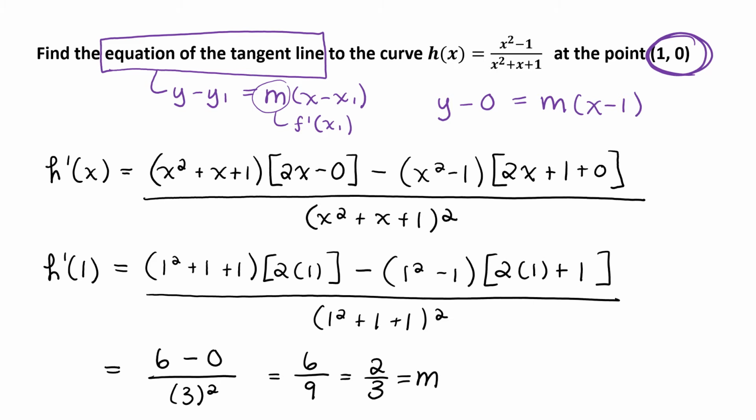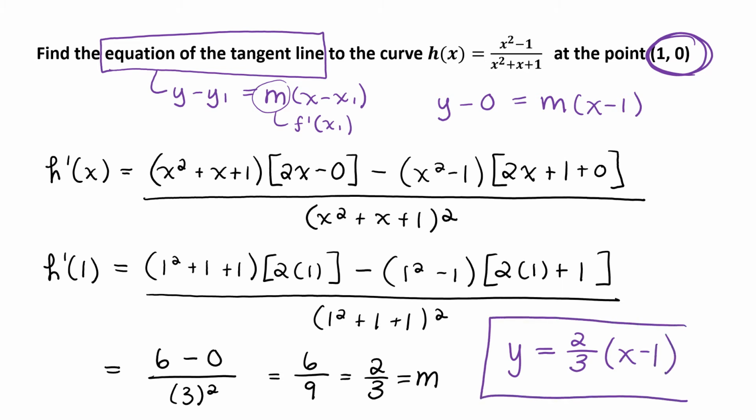So our final equation will be y minus 0, so just y is equal to 2/3 times x minus 1. And that is the equation of the tangent line to h of x is equal to x squared minus 1 over x squared plus x plus 1 at the point (1, 0).